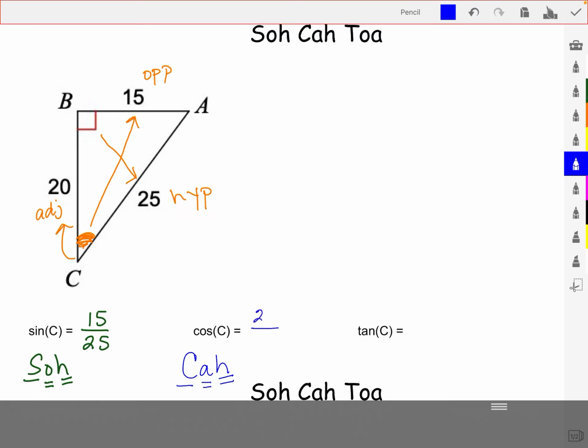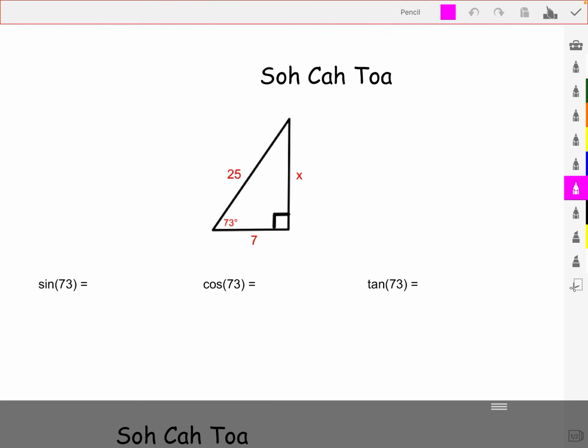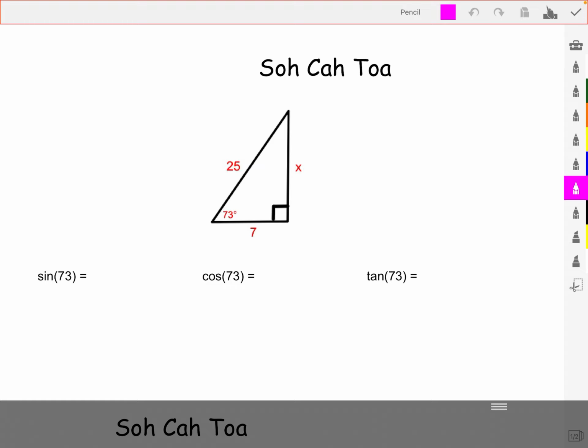So adjacent is 20, hypotenuse is 25. And then tangent, I'm using TOA from SOHCAHTOA. T for tangent, O is opposite, A is adjacent. So opposite over adjacent would be 15 over 20. Those are my ratios. Okay, I'm going to skip that one because it's just like it.